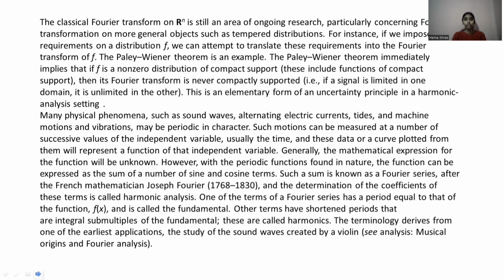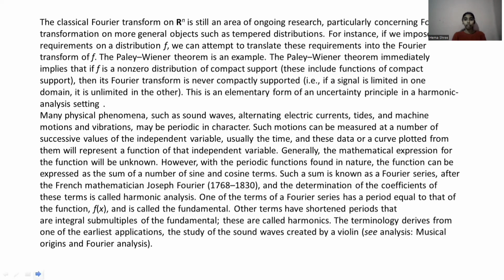Many physical phenomena such as sound waves, alternating electric currents, tides, and machine motion and vibrations may be periodic in character. Such motions can be measured at a number of successive values of an independent variable, usually time, and this data, or a curve plotted from it, will represent a function of that independent variable.